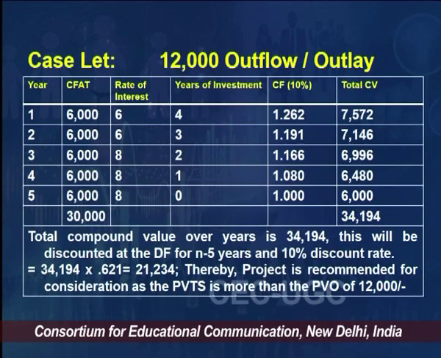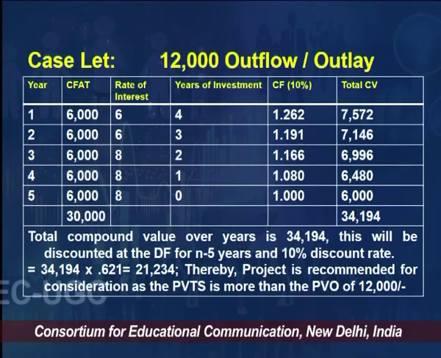21,234. So, thereby the project is recommended for consideration. Why? Because this PVTS is more than what we are spending. How much are we spending? 12,000. So, my outlay in the project is 12,000. My inflow, which is after considering interest, after discounting as well, is more, which is 21,234.